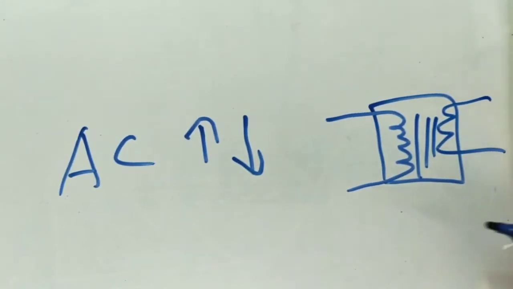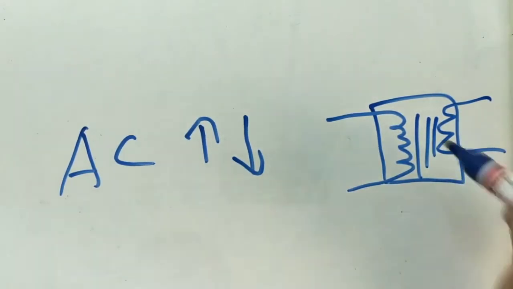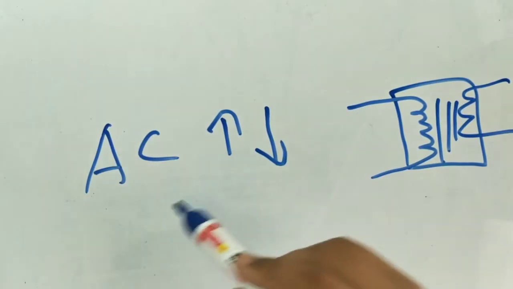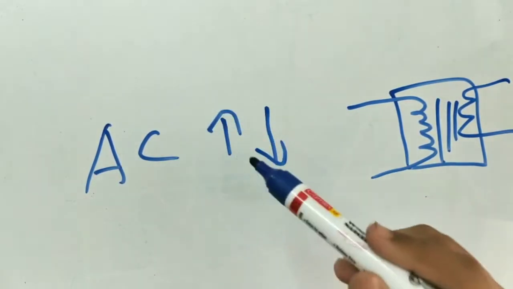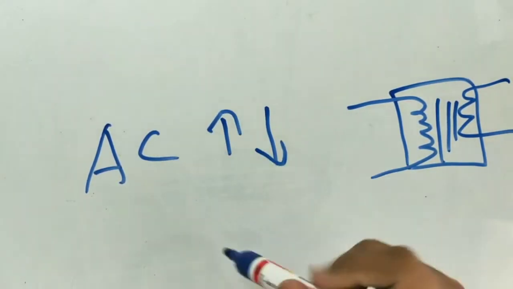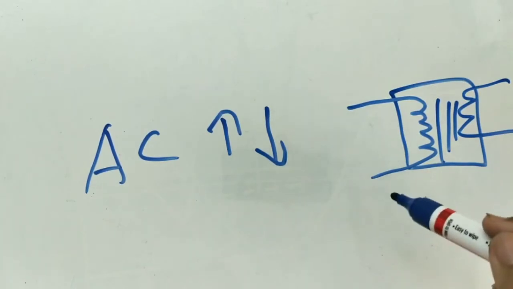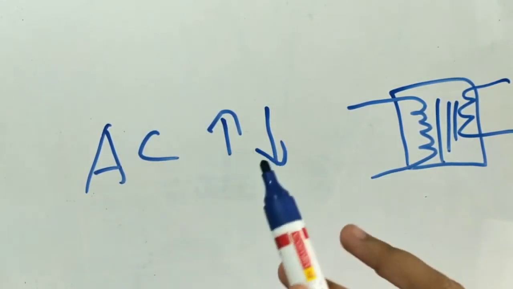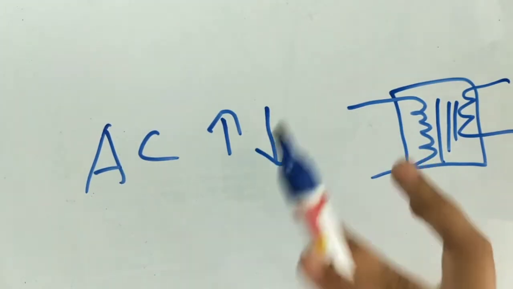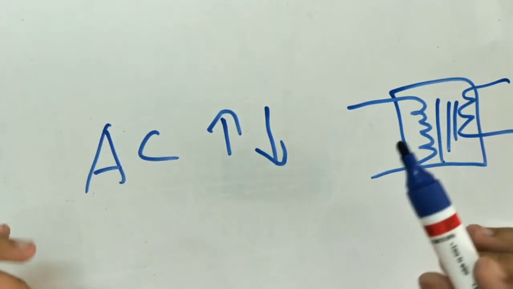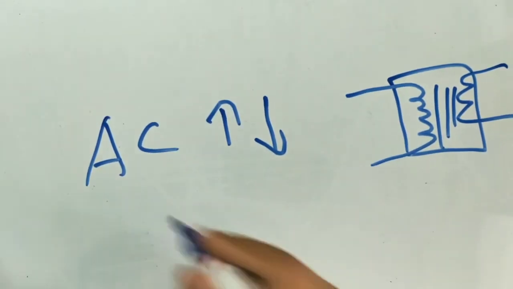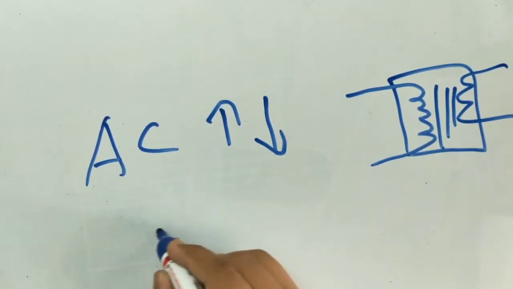This is the symbol of a transformer. So the transformer could easily increase the voltage of AC or decrease the voltage. I'll just explain it to you simply. So let's take a transformer here.